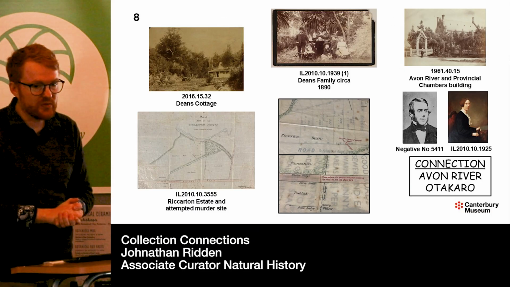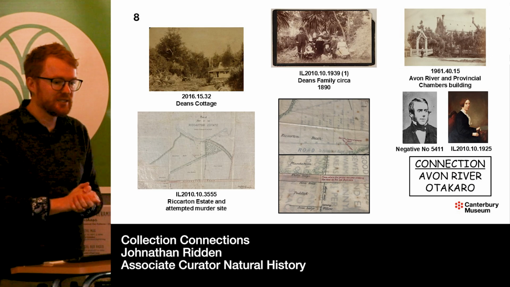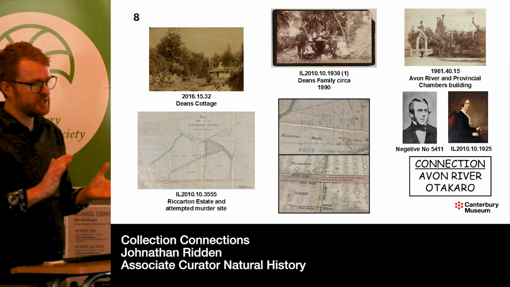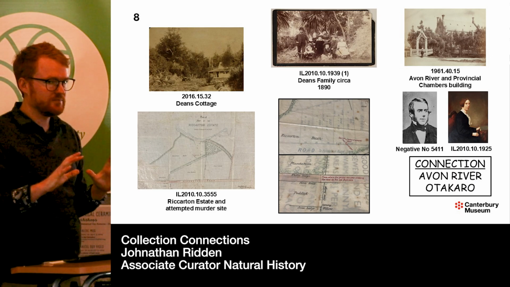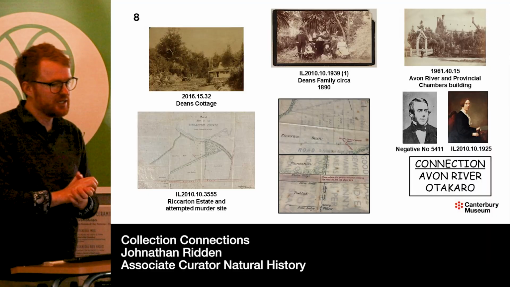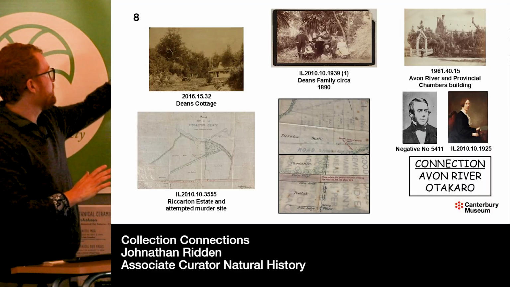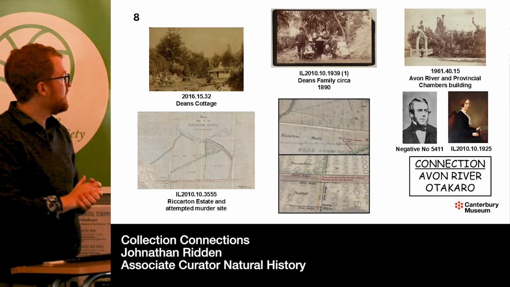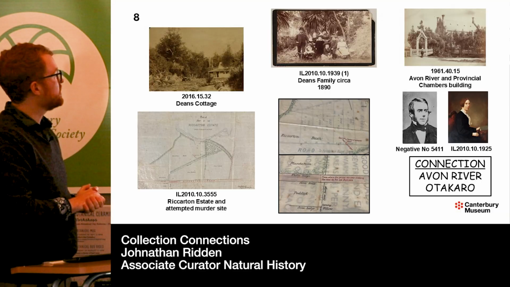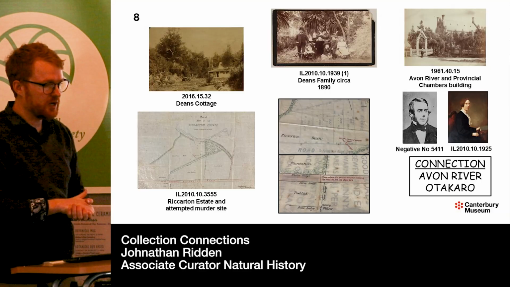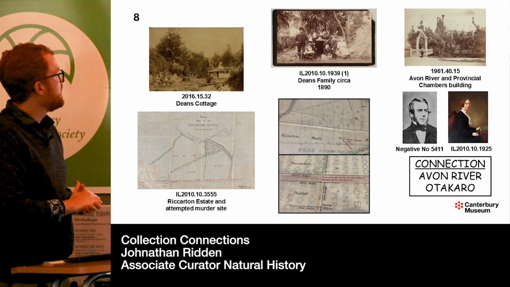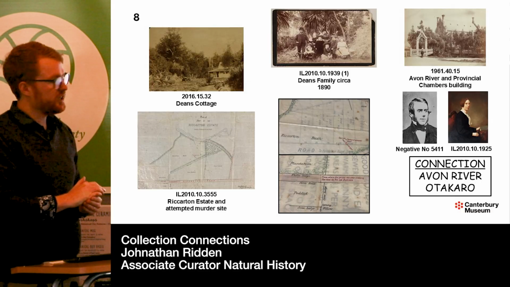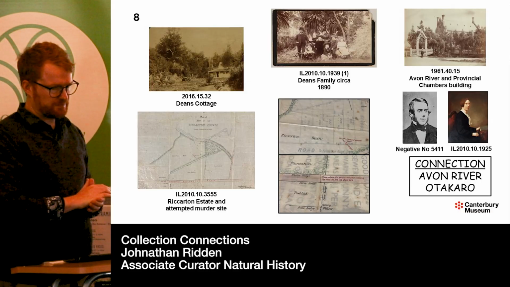So of course we know the Deans story, it's very well documented, so I won't cover it in depth, but I will pull out a few interesting tidbits about the family. Here we've got one of the early photographs of the cottage, which is obviously a very simple affair when they settled, and the cottage is still there today.